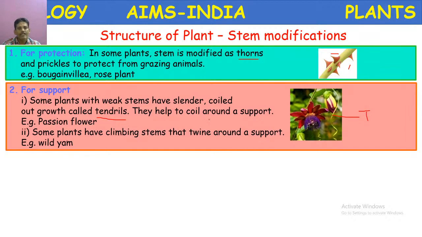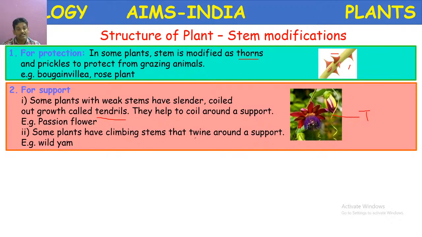They help to coil around a support. Example, passiflora or passion flower. Or you can observe in our surroundings so many plants, beans, snake gourd, bottle gourd, bitter gourd. Some plants have climbing stems that twine around the support.